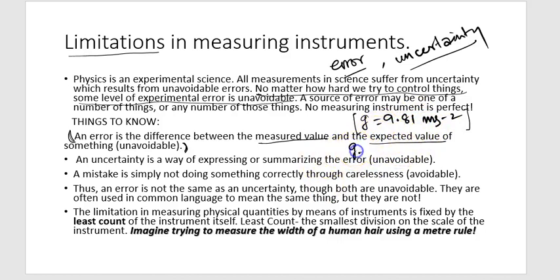Now let's say your experimental value of g that you calculate gives you 9.02 meters per second squared. All right.